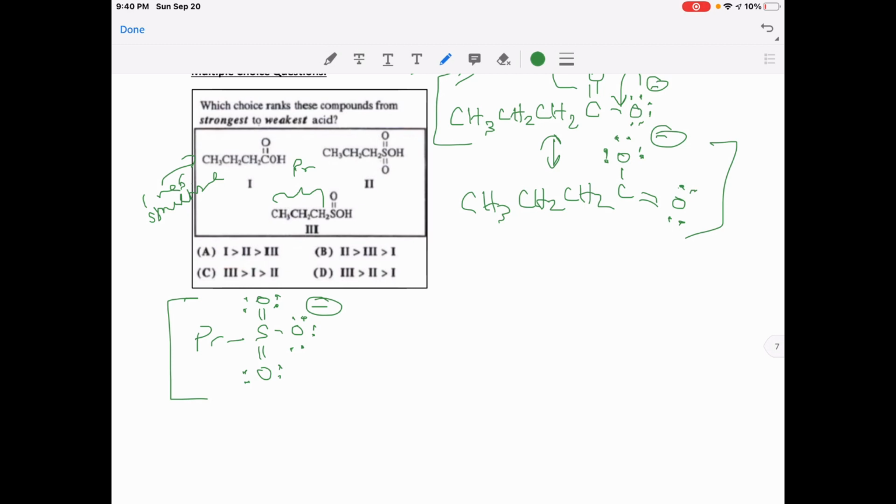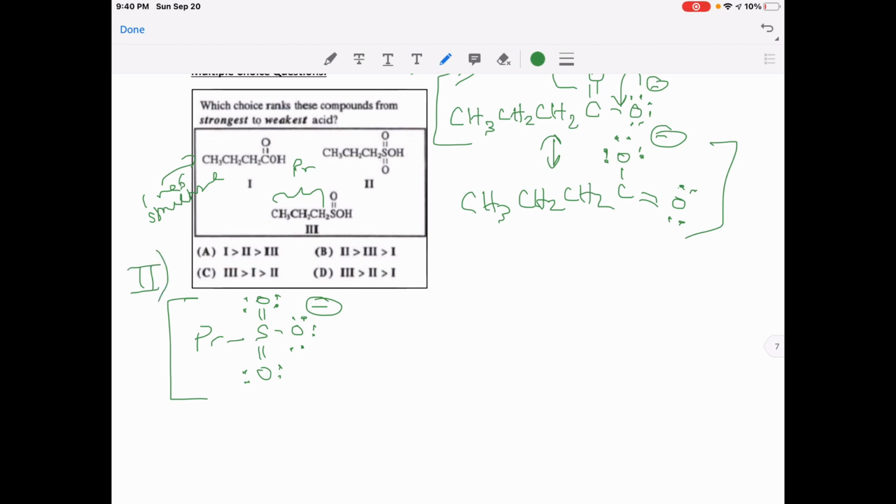Even sulfur has a limit, right? It has an expanded octet, but it can only go up to so much. In the case of sulfur, it can go up to 12 electrons. In this case, there are already 12 electrons bound to that sulfur atom. So this limits our choices.